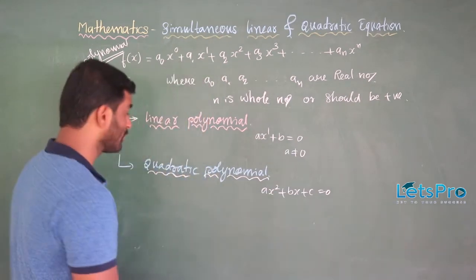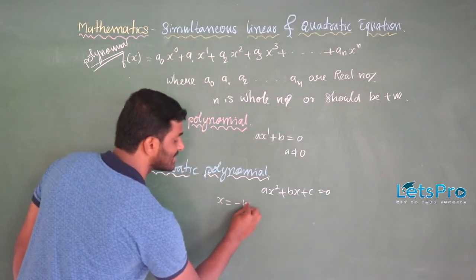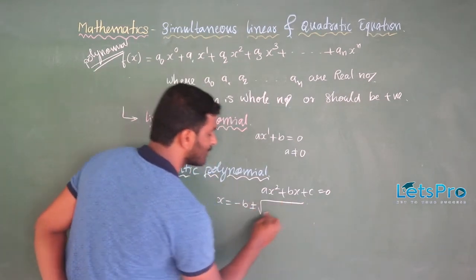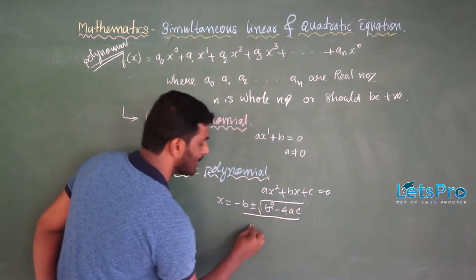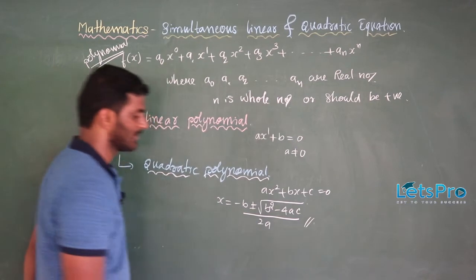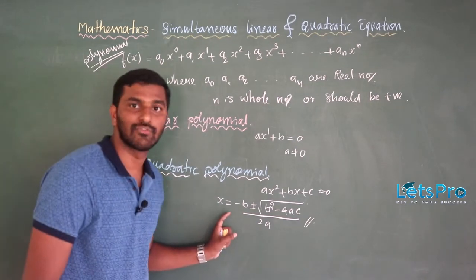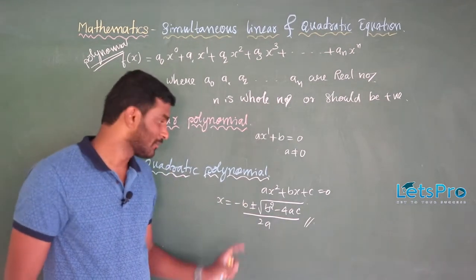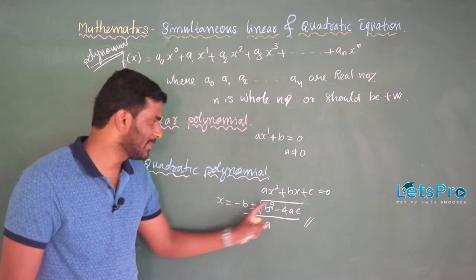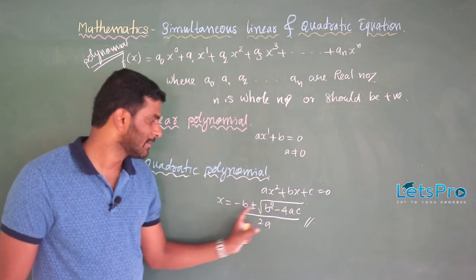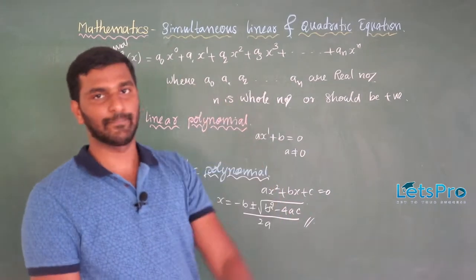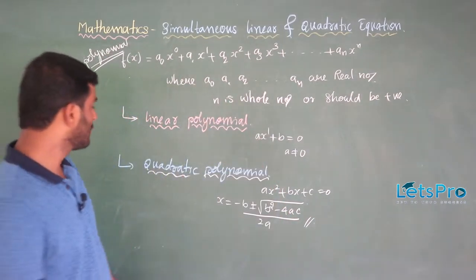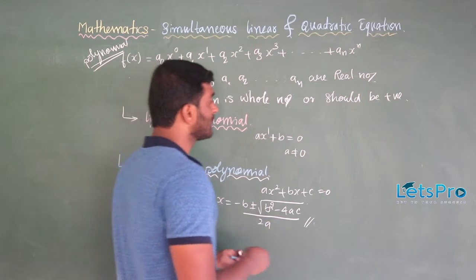The most important thing is x is equal to minus b plus or minus square root of b square minus 4ac, divided by 2a. So we have to know this formula for finding the factors. It is one of the important formulas.